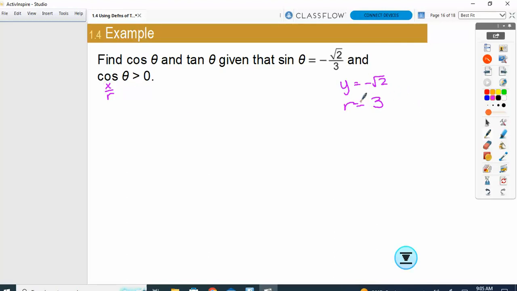Right, we've never really had to find x before. We always have to find r. We use that r is equal to the square root of x squared plus y squared. Another way to think of that is x squared plus y squared equals r squared. So if we plug in what we have, negative radical 2 squared is just 2.